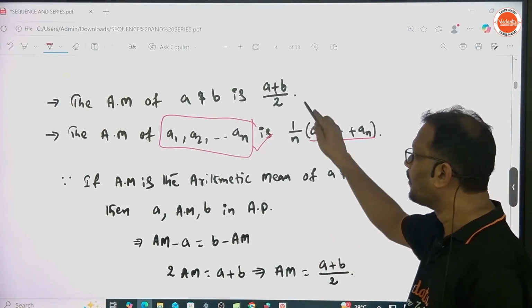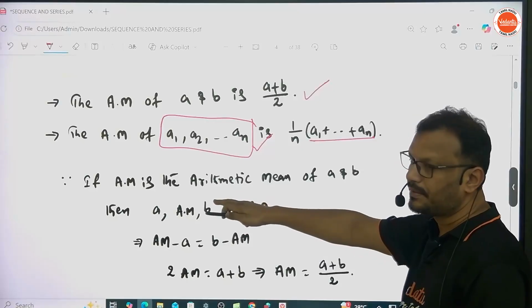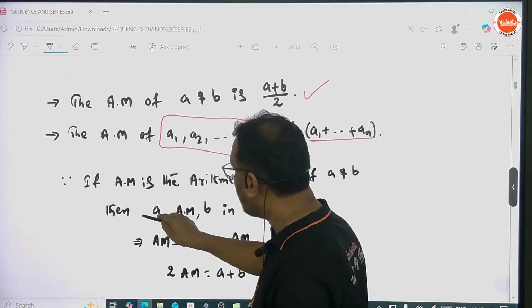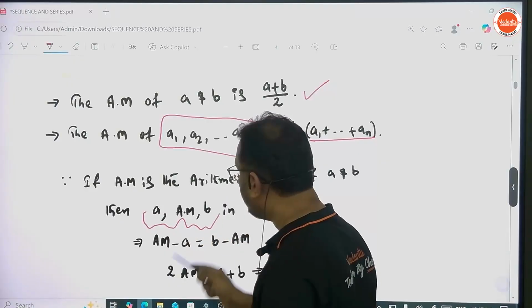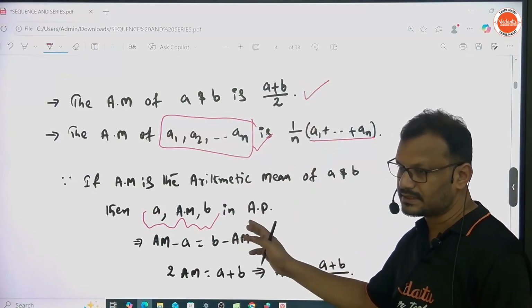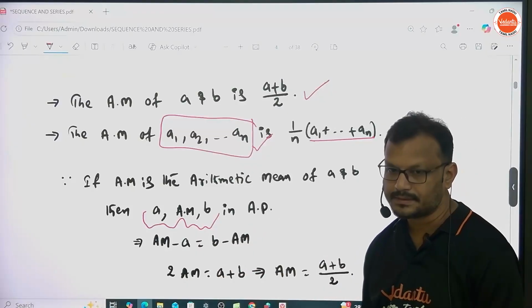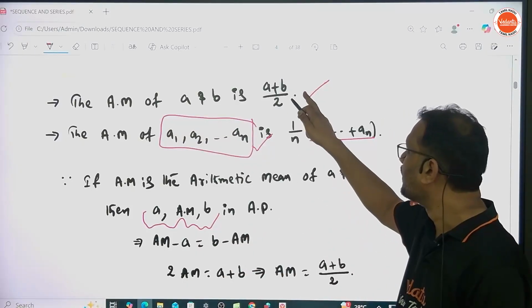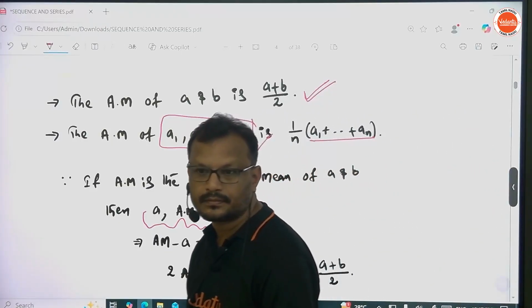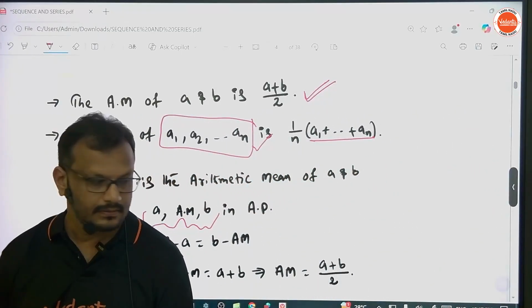So how we got this: if AM is the arithmetic mean between A and B, then the numbers A, AM and B must be in AP. If it is in AP, then as we discussed previously, the difference must be the same. From there only we get this value. Clear?